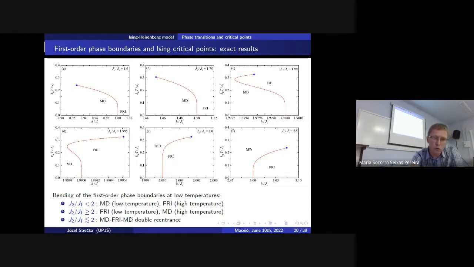So one can conclude what is written here. If the interaction ratio is less than 2, we have monomer dimer state on the low temperature side, ferrimagnetic state on the high temperature side. If it's greater than 2, the reverse is true. And if we are slightly below 2, we can also have a double reentrant phase transition from monomer dimer state to ferrimagnetic and back to monomer dimer state.